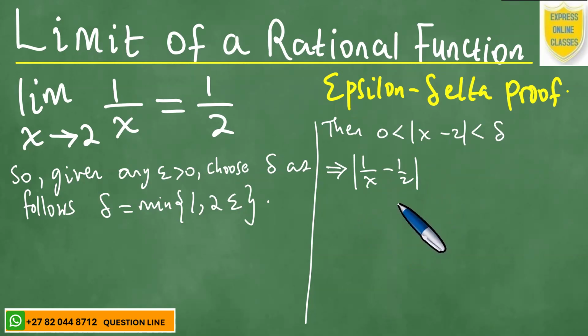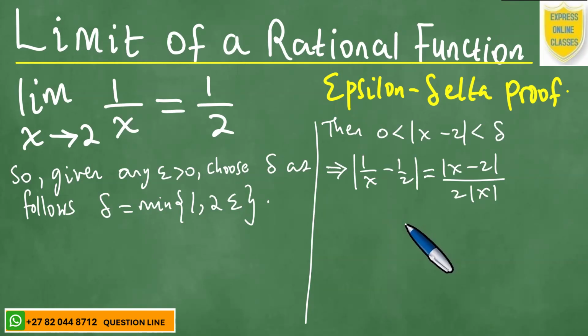We are obviously able to remember a couple of things from what we've got. We have the 2 epsilon there, but we remember that this was the absolute value of x minus 2 divided by 2 times the absolute value of x. In view of this, you would be in a position to make further analysis of the situation.